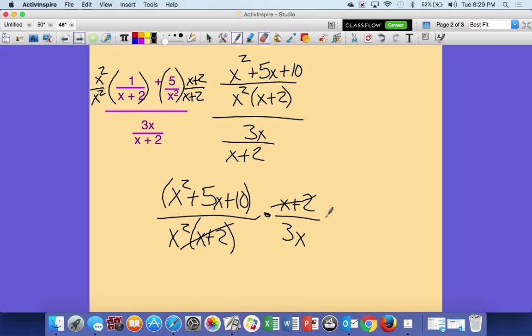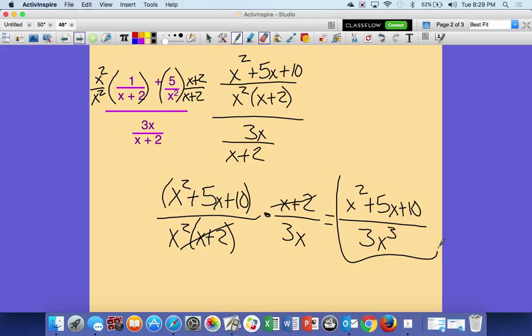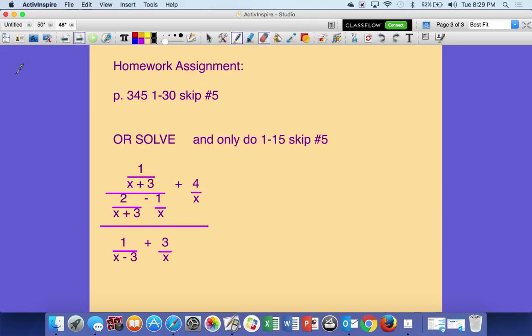So our answer is x squared plus 5x plus 10 over 3x times x squared, which would be 3x cubed. And that is fully simplified for that problem.